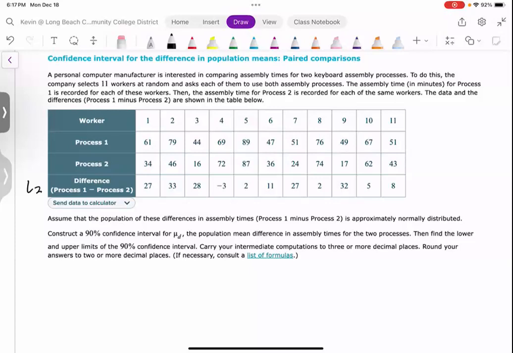And once again, I want to make it clear, we are interested in the differences. And we're going to assume that these differences are approximately normally distributed. Construct a 90% confidence interval for this. So this is going to be a straight up t interval.